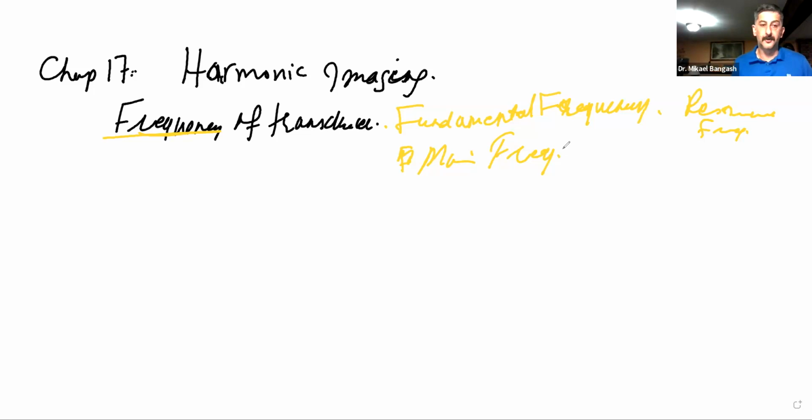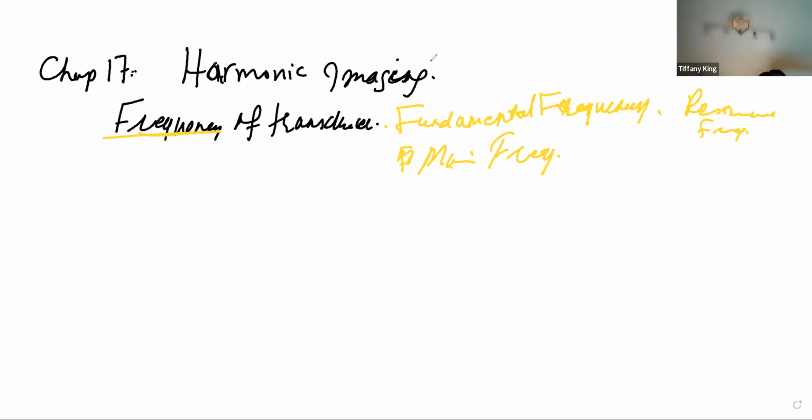Right, so what we so far had referred to as the frequency of a transducer, in this chapter, for a short while, we are going to refer to as the fundamental frequency, which is either the main frequency or what we also call the resonance frequency of the transducer. Is that clear?